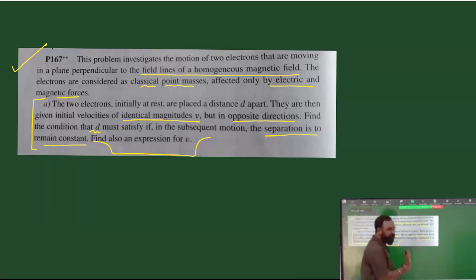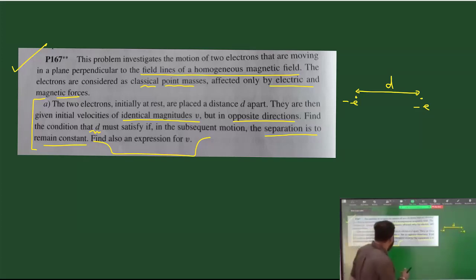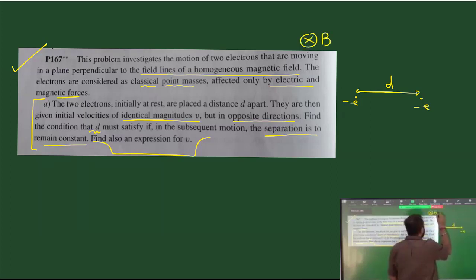So let me take gravity-free space and let me take these two electrons, minus e, kept at some distance d, and these are provided with velocities in the opposite direction. And there is a magnetic field also. So the first thing that comes to my mind, let's presume the magnetic field is in the cross direction, B.